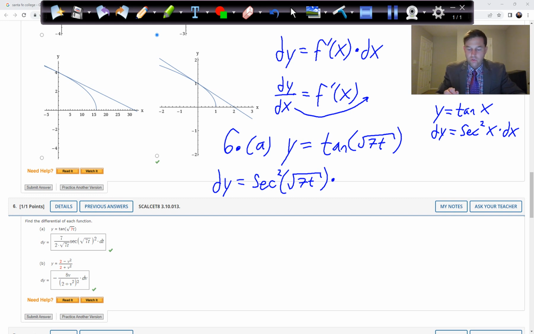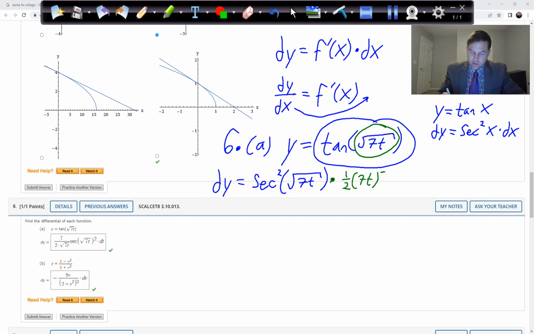So this is chain rule. We do the derivative of the outside, then we take that times the derivative of the inside, and so in green we're going to get times 1/2 (7t) raised to the minus 1/2. The square root of 7t is equal to (7t) to the 1/2 power.